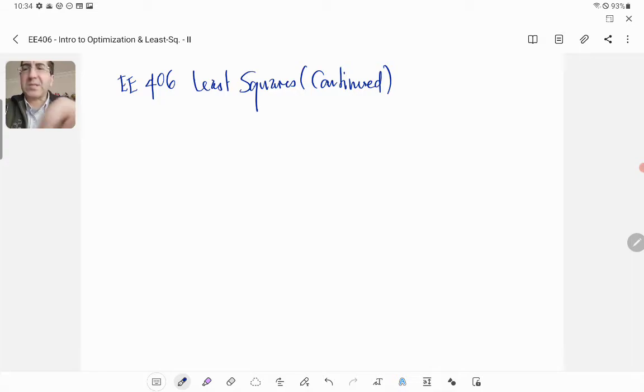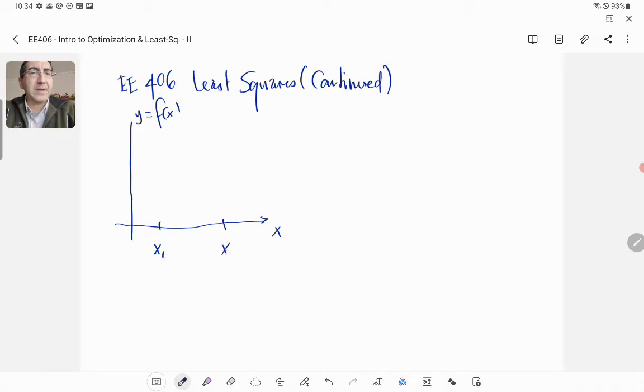So we basically started talking about fitting a model to a set of points, and we said if we have a relationship between x and y, and you have, let's say, 2 points, and you want to find the best fitting line to these 2 points, essentially you get a system of equations in terms of x and y.